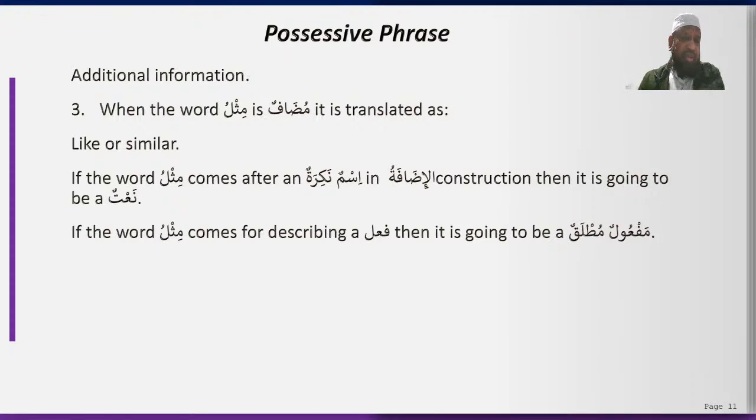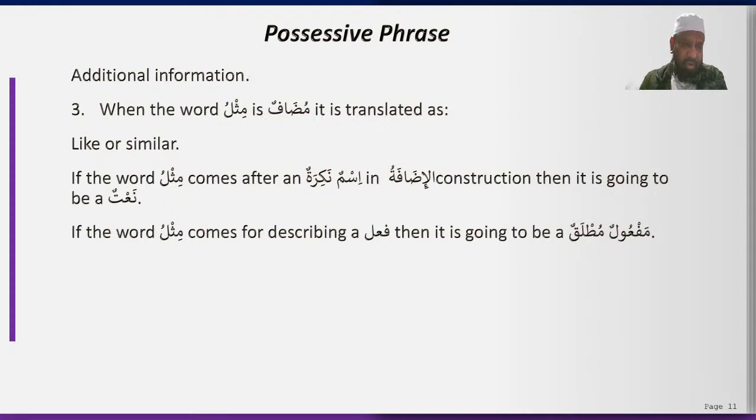Let's look at number 3, the word مثل. Number 1 was the word كل. Number 2, the word بعض. Number 3, the word مثل. When the word مثل is مضاف, it is translated as like or similar.